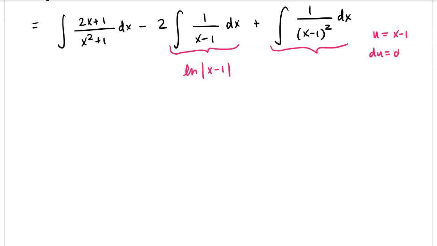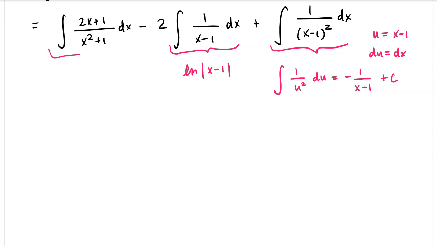So that's going to turn into the integral of 1 over u squared du, which if you think about that as u to the negative 2 power, that's negative 1 over u plus c, and u was x minus 1.